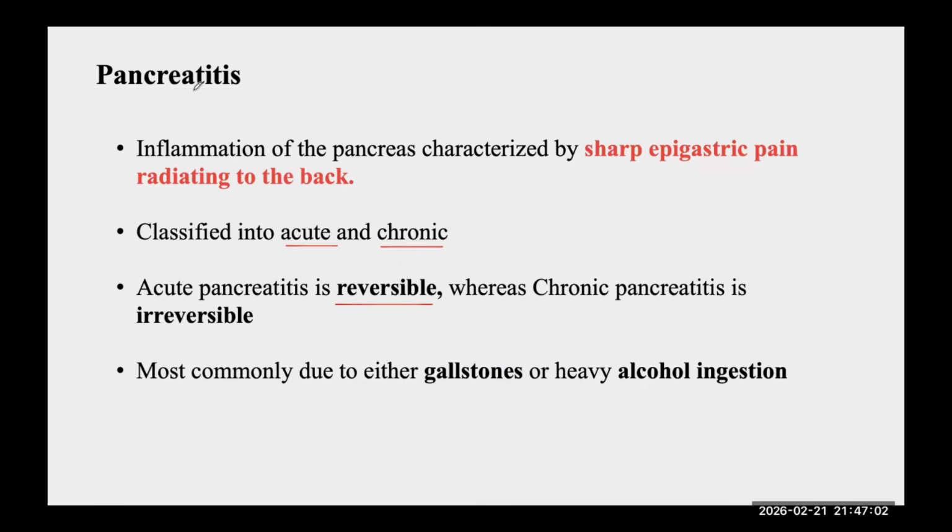So it's an inflammation of the pancreas, and then once the inflammation is gone, the pancreatic function is just back to normal. However, chronic pancreatitis is an irreversible condition because the pancreatic tissue basically is lost and the pancreas cannot keep doing its function. Now, this happens most commonly due to either gallstones or heavy alcohol ingestion.